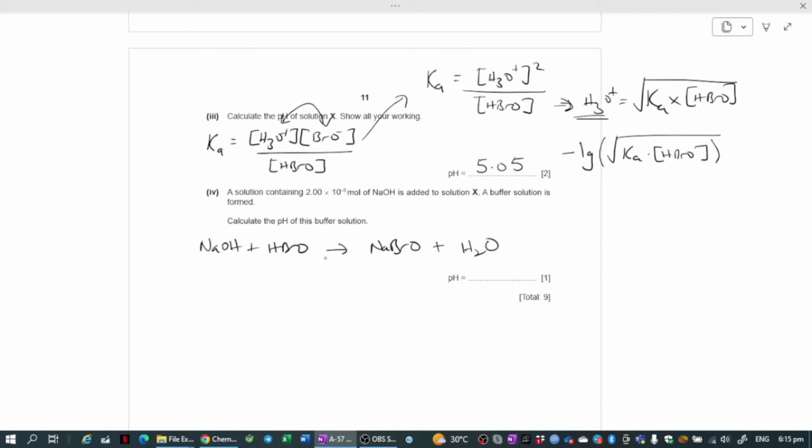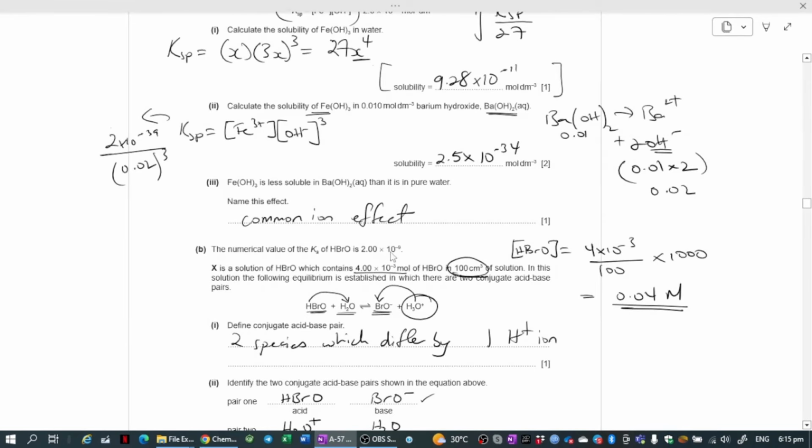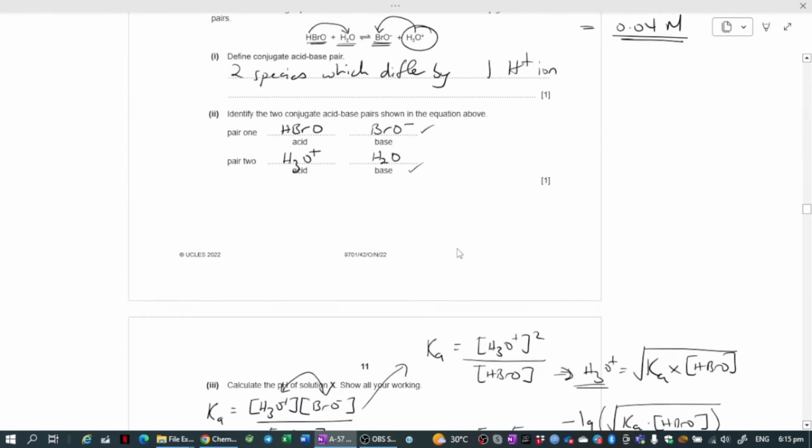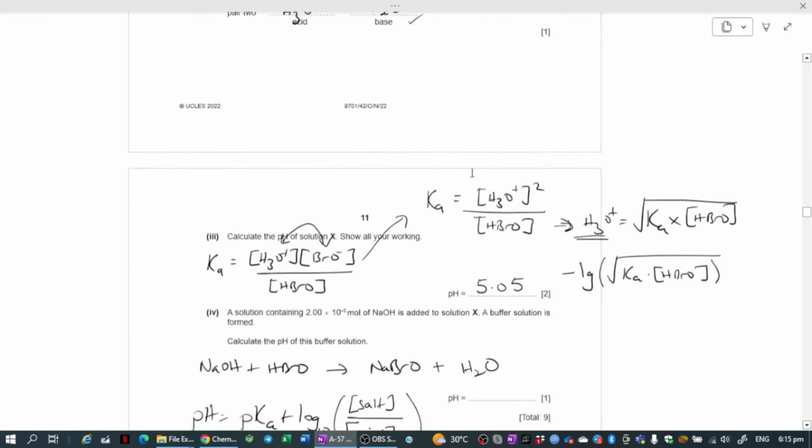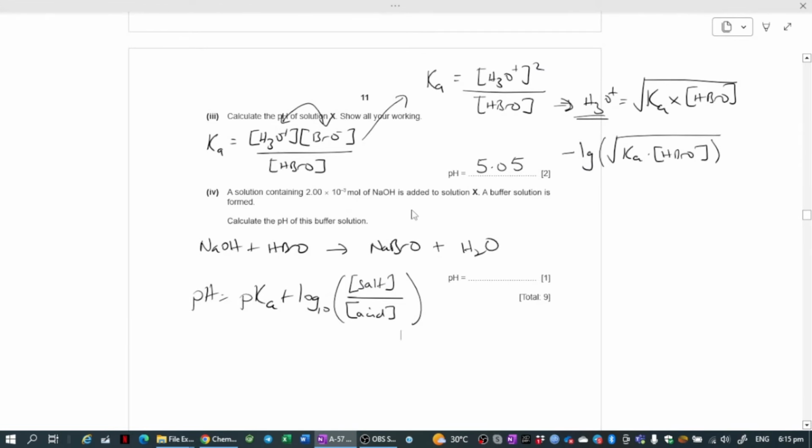This is one way to look at what will happen when we add the sodium hydroxide. Now, how do we work out the pH of a buffer solution? pH is equal to pKa plus log to base 10 of the concentration of the salt formed over the concentration of the acid. And this is the Henderson-Hasselbalch equation. Now, what is the concentration of our salt? So 2 by 10 to the minus 3 moles of sodium hydroxide is reacting with 4 by 10 to the minus 3 moles of HBrO, and this is in 100 cubic centimeters of solution.